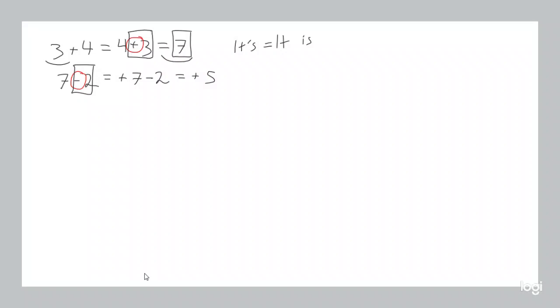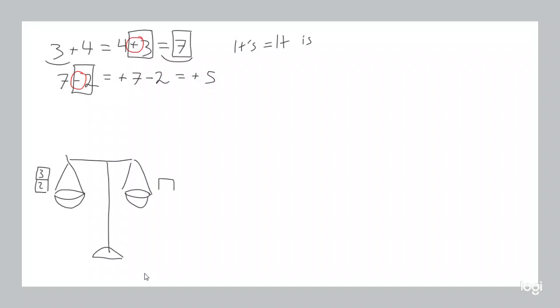So, think of it this way. You've got a weighing scale. But you've got these very special weights that can add mass or take away mass. So let's say on this side of the scale, you have a weight which is 2 pounds and another weight which is 3 pounds.